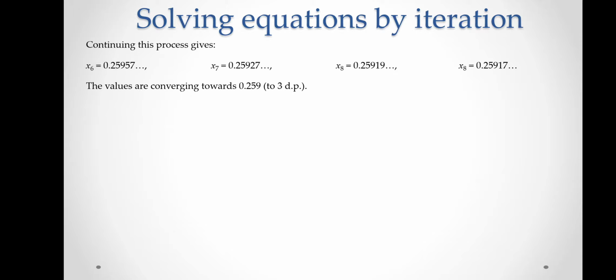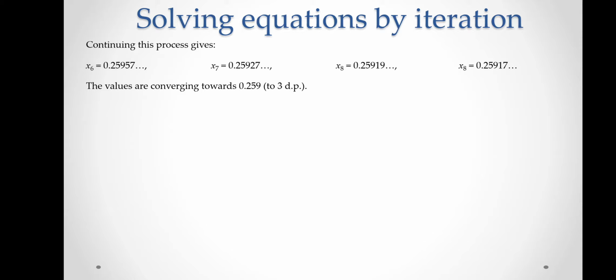When you find the answers, you can see x6 is 0.25957, x7 is 0.25927, x8 is 0.25917. So the answer is coming closer to 0.259 for 3 decimal places. That means your final answer should be 0.259 to 3 decimal places, right?